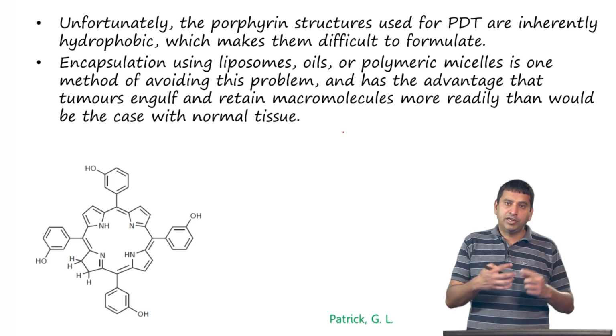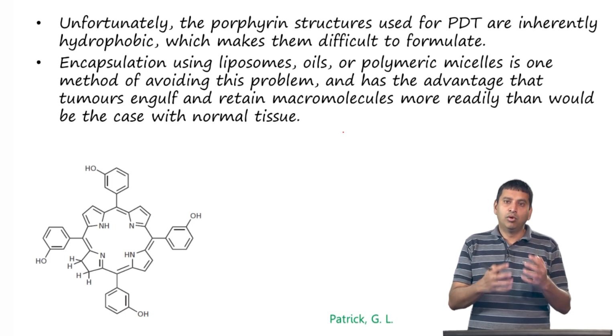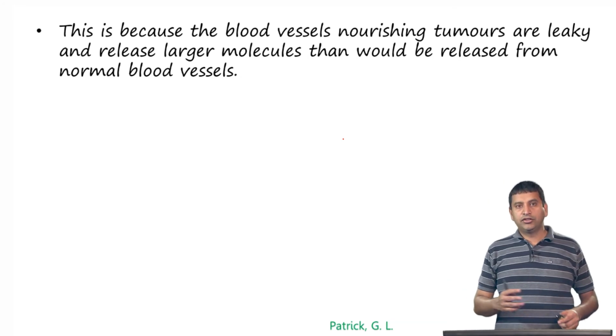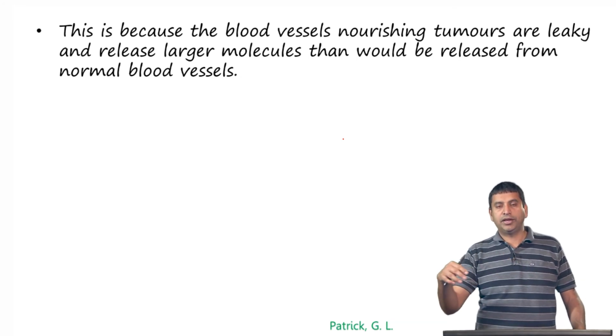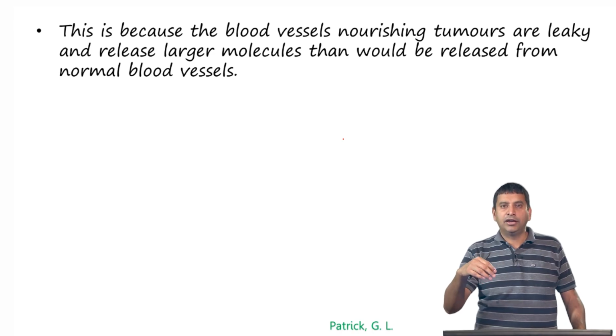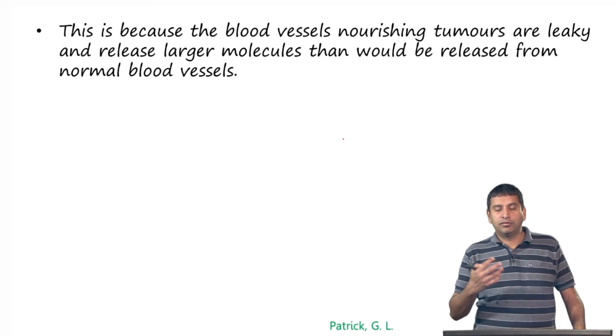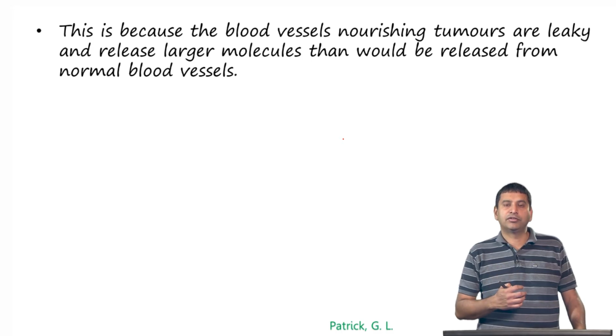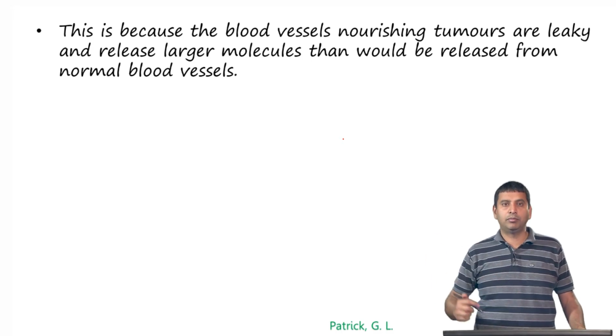So, they engulf and retain these macromolecules more readily than normal tissue. This is because the tumor vasculature is quite random and leaky as well. So, larger molecules are absorbed better, and therefore, compared to normal cells, tumors are much better at permeation as well as retention. This is called the EPR effect, which we will be looking at later.